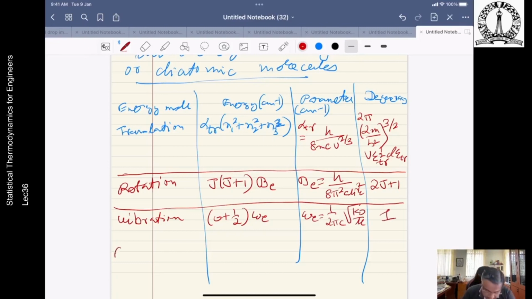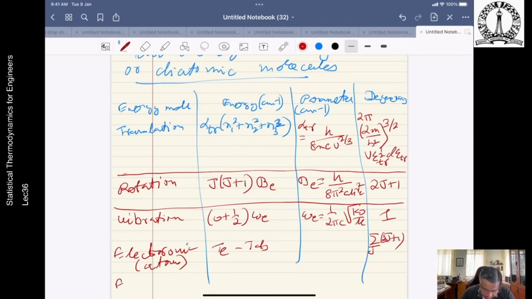Then you have electronic for atoms. So this is tabulated. T is tabulated. And the degeneracy is 2j plus 1.